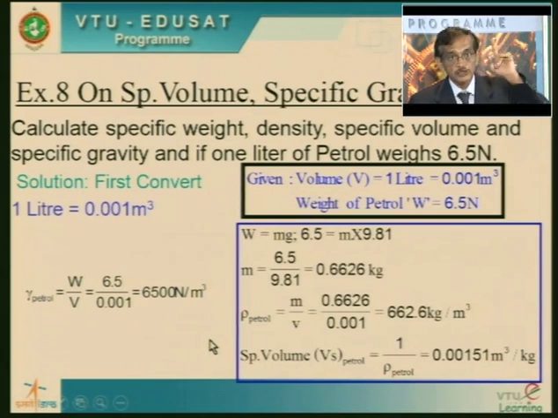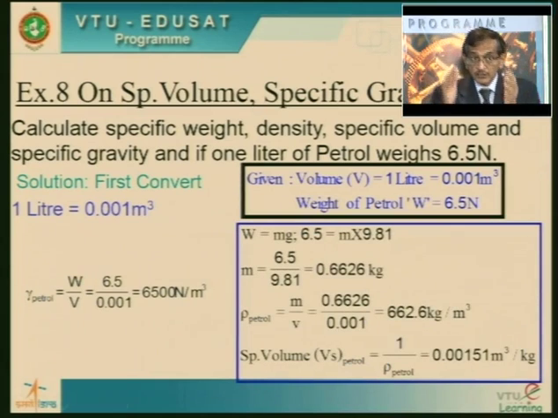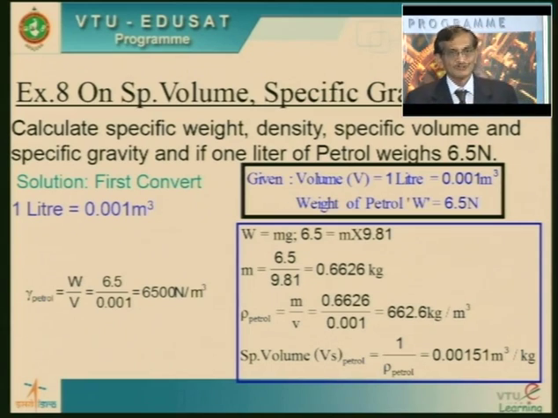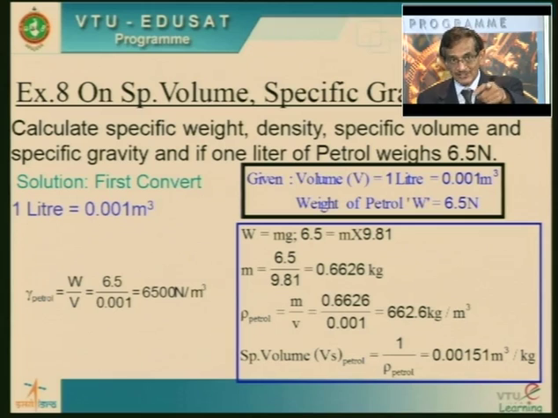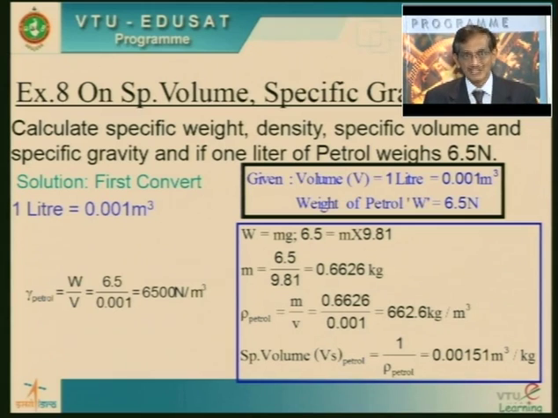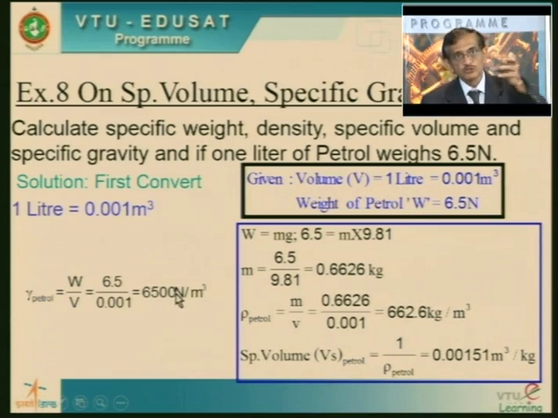It means you got the specific weight of the petrol. My dear friends, whenever you go to a petrol bunk, in some of the bunks they will mention the density or specific weight exactly like this. You can check the number is correct. Okay, now let us go back to the numerical.